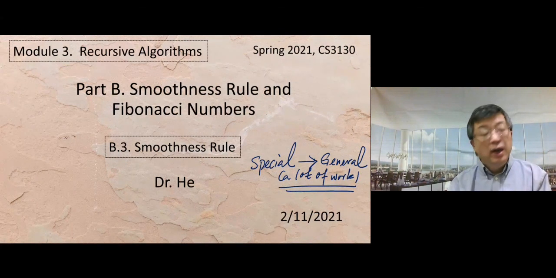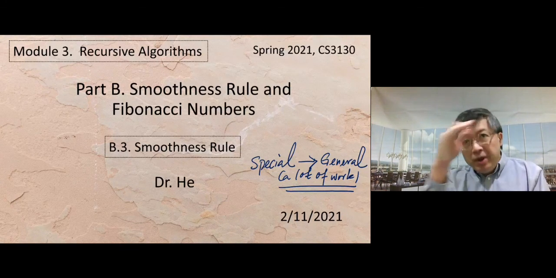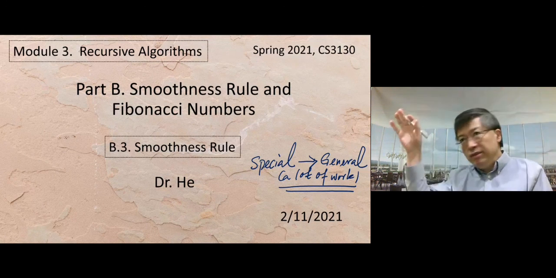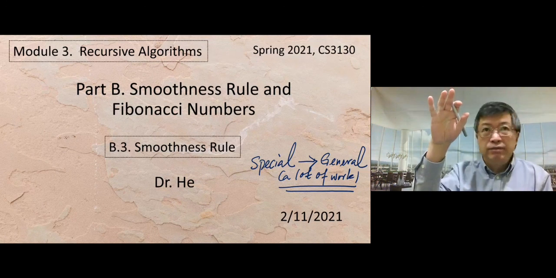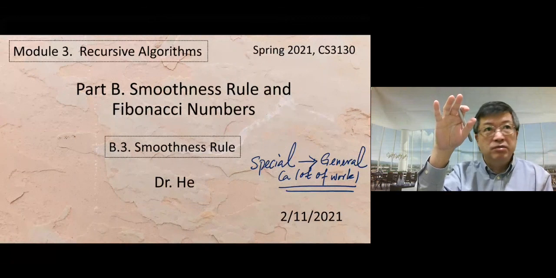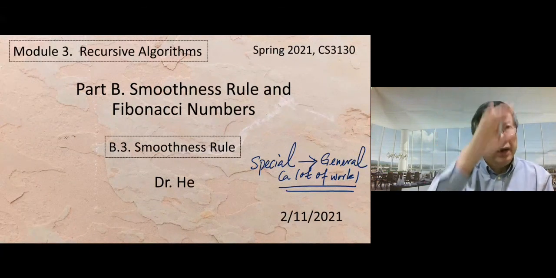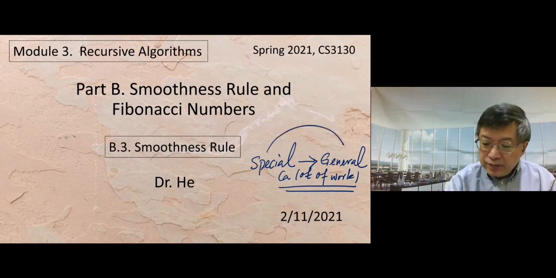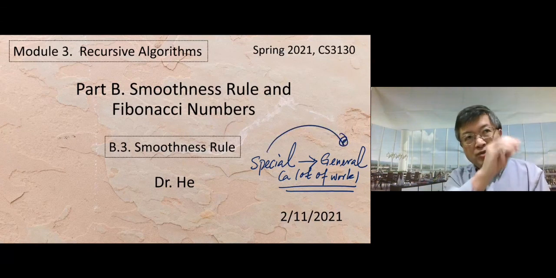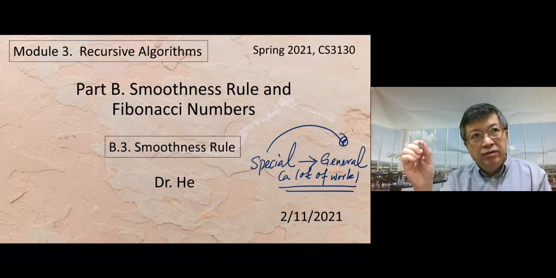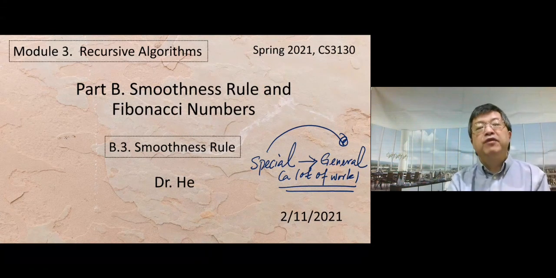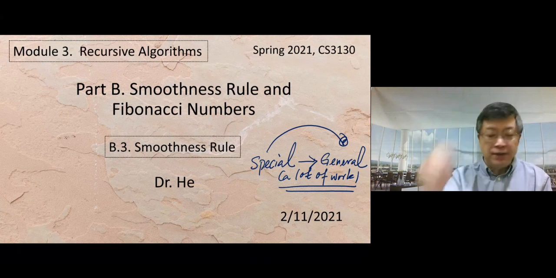Think about later, under a similar situation, do we always do that much work? Many times it's not easy, right? So here the idea is we want to go from special to general using some special theorem, if the situation is right.